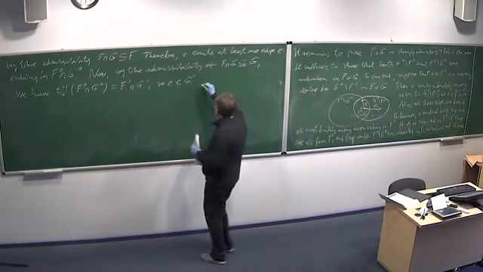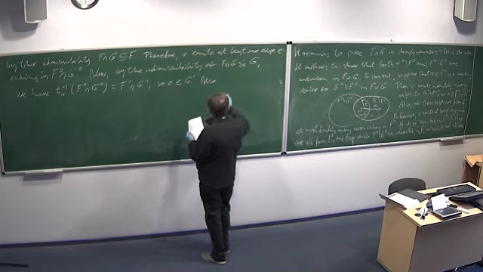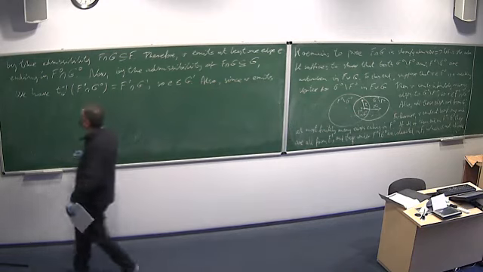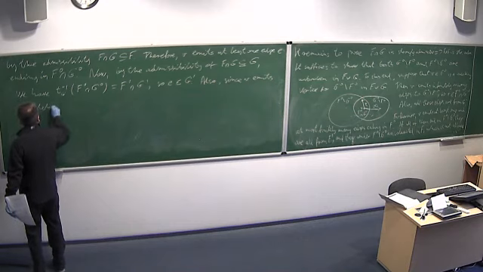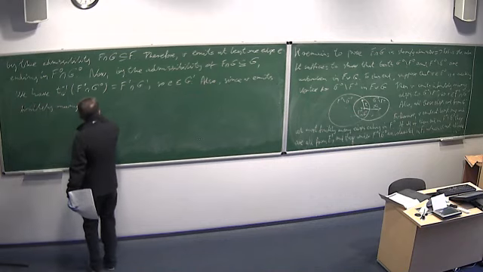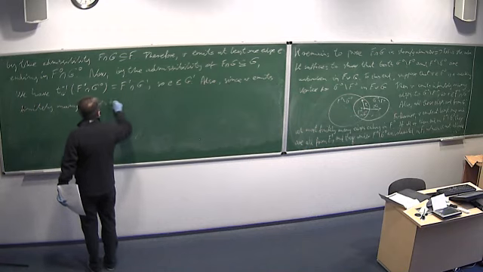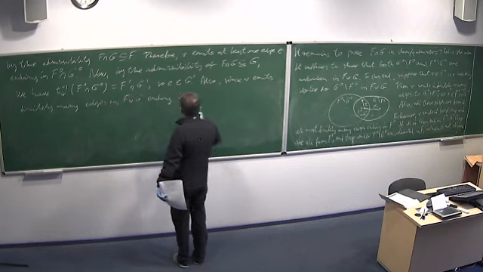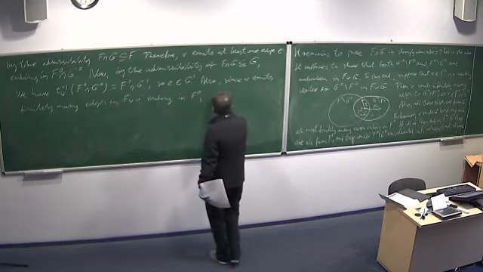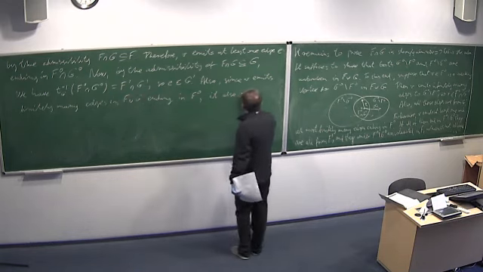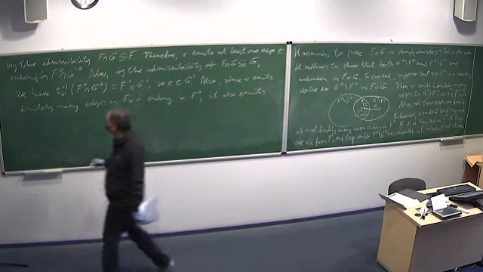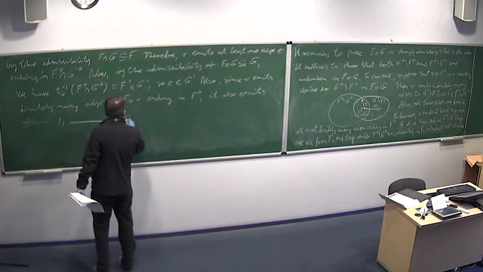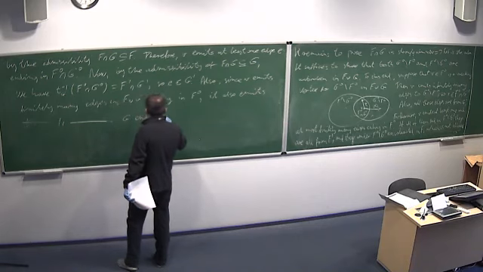Now there's one more thing to finish the reasoning. Also, since V emits finitely many edges in the union graph ending in F naught, it also emits finitely many edges in G ending in the intersection.